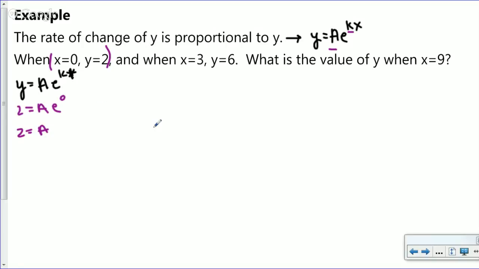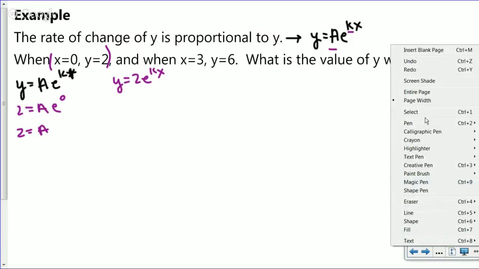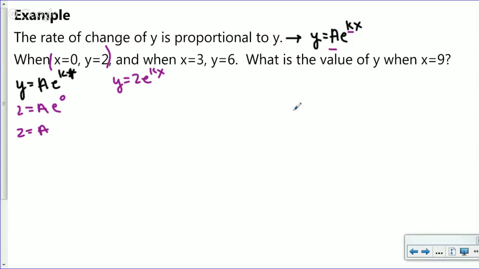Okay, so now let's plug that in for a. So y equals 2e to the k times x. I still need to find what other constant? Still need to find k, right? So how can we do that? Well, let's use the second ordered pair.